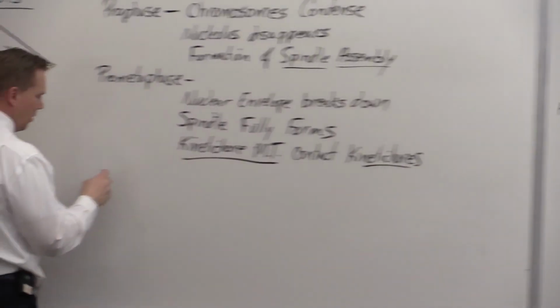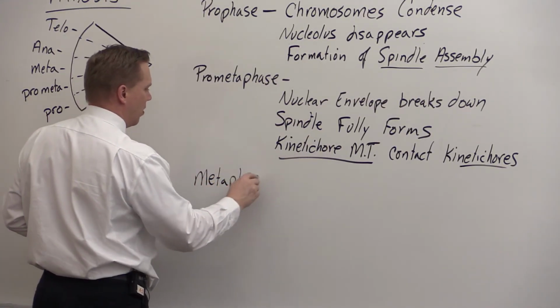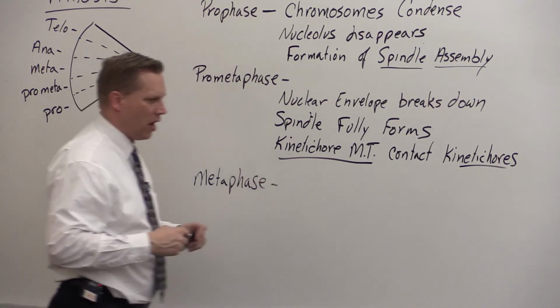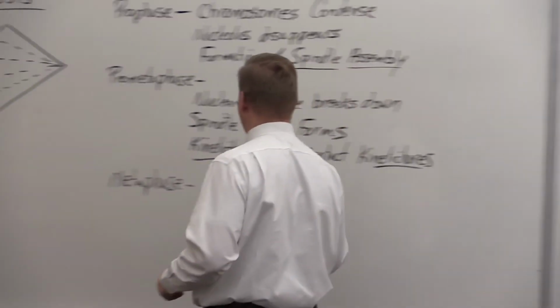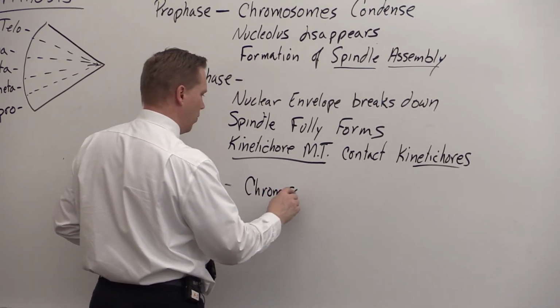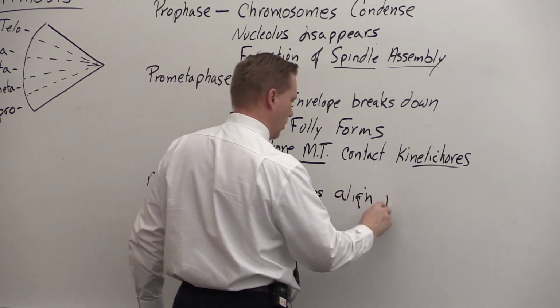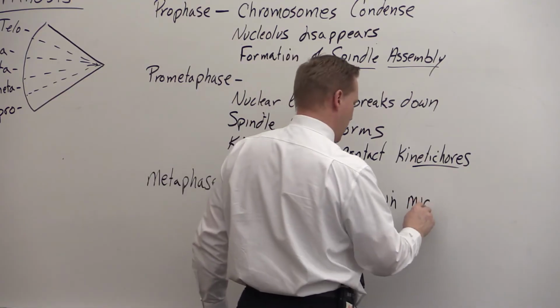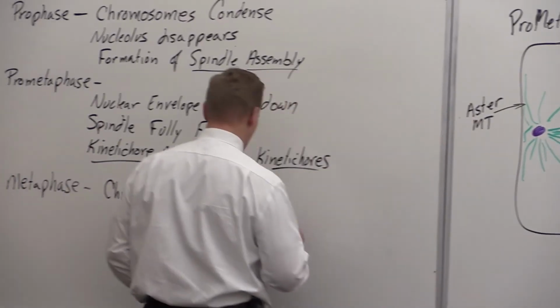And that is what signifies metaphase. So metaphase is characterized by the chromosomes lining up along the middle of the cell. Chromosomes align in the middle of the cell. We call this the metaphase plate, and that's what I'm going to write here.